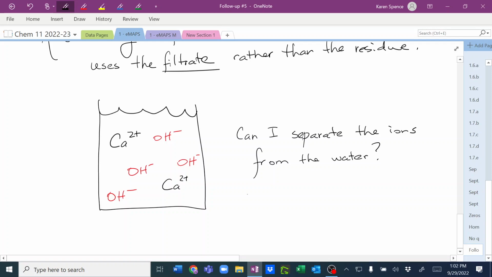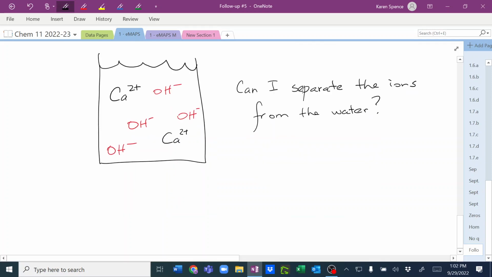So what you would do is, first of all, you would need to measure the mass of the beaker before you filter into it.